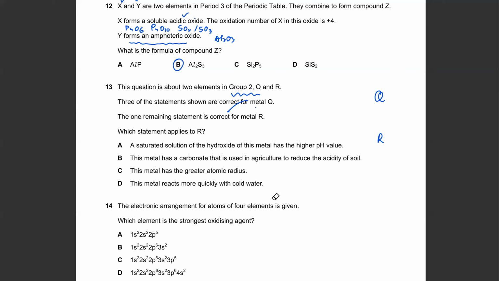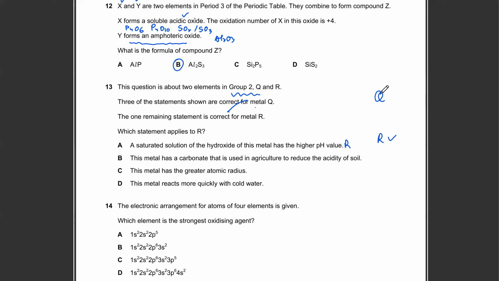So you have to basically do trial and error. Let's look at, let's say, the first one. The first one is true for R, right? A saturated solution of the hydroxide, is it at the bottom or at the top? It's at the bottom because pH increases down the group. So R is at the bottom. So that means Q is at the top, right? So the metal has a carbonate that is used in agriculture to reduce the acidity of soil, right?